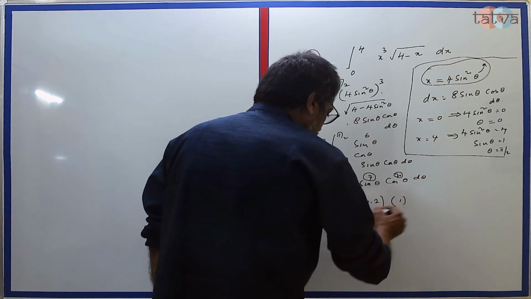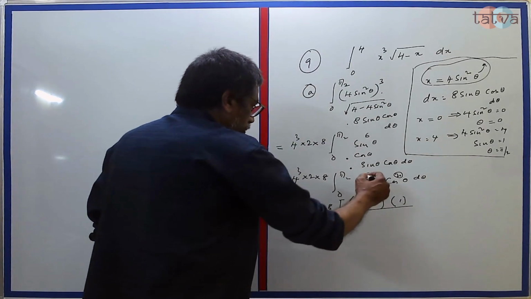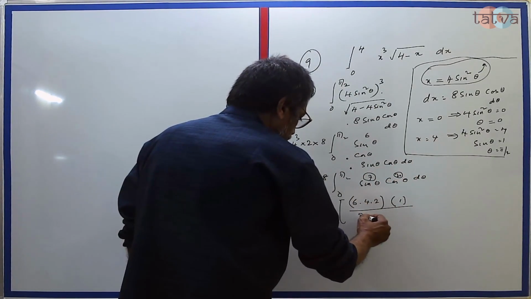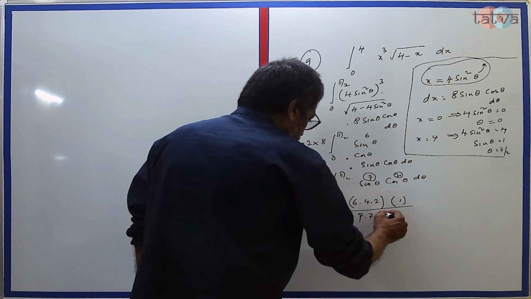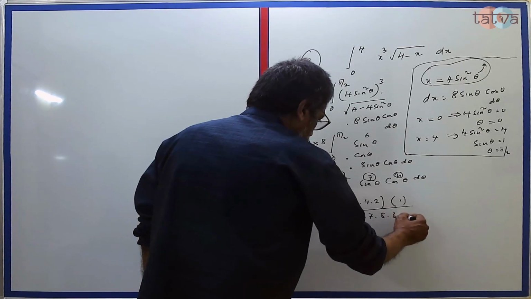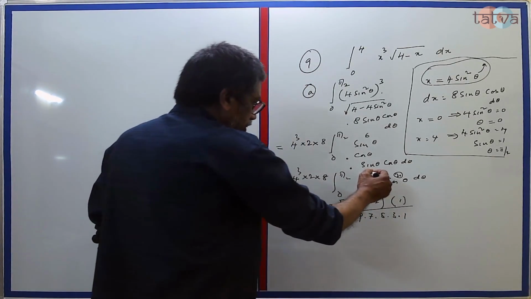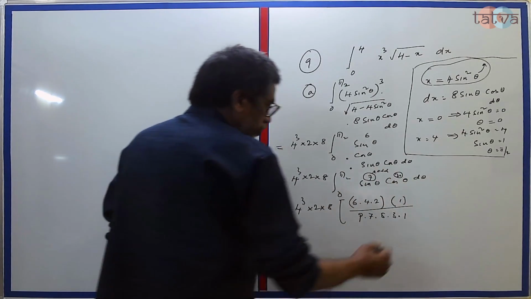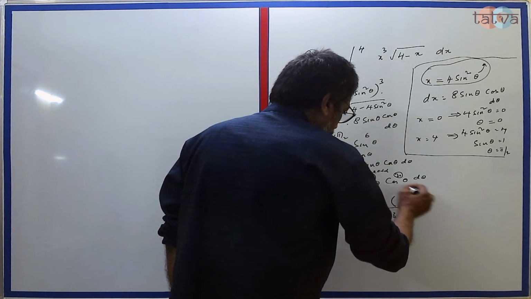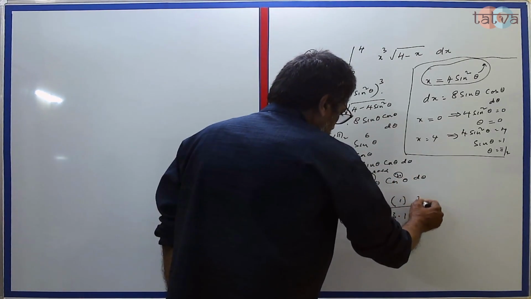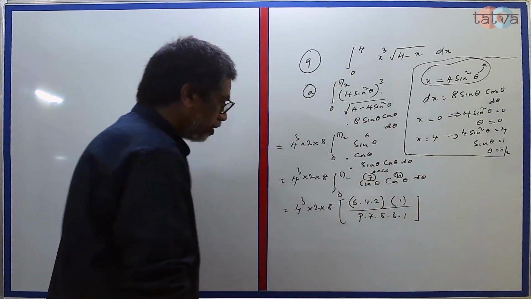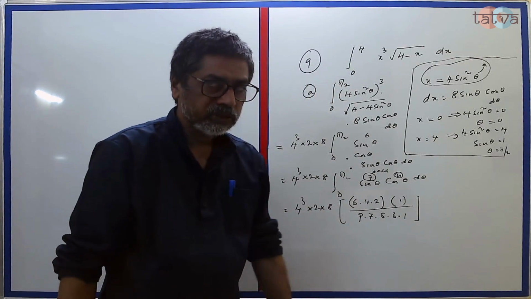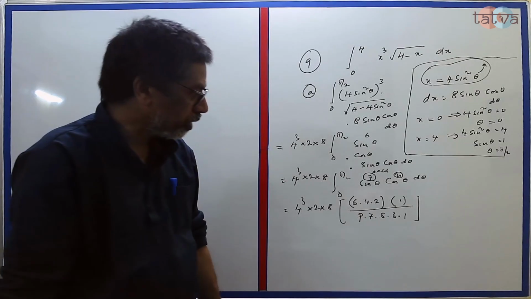You can only do that. Now take the sum of the powers: 9, 7, 5, 3, 1. And then there is an odd power here, so don't multiply with pi by 2. Only when both of them are even, you multiply with pi by 2. The rest is all hand calculations, or you can use an instrument and then wind up.